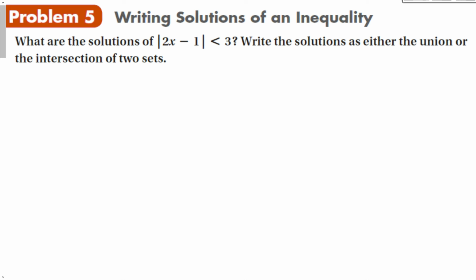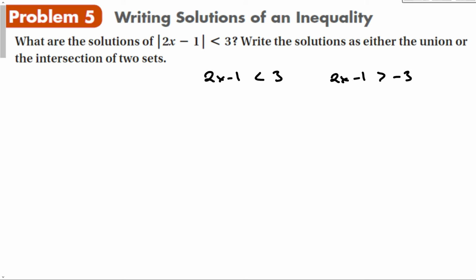So because this is a less than inequality, we can write the compound inequality as 2x minus 1 is less than 3, and 2x minus 1 is greater than negative 3. Okay?